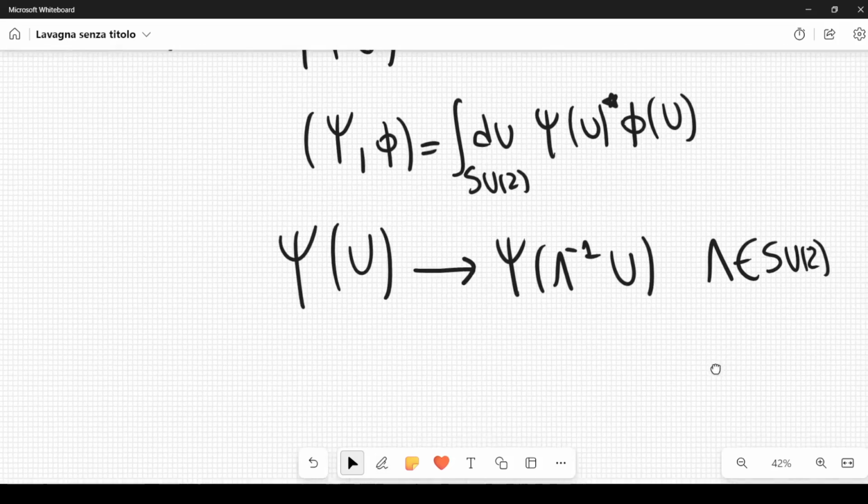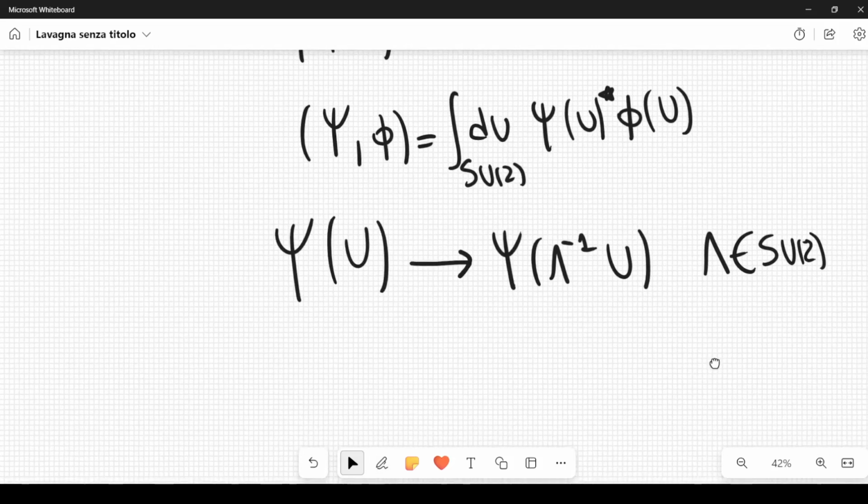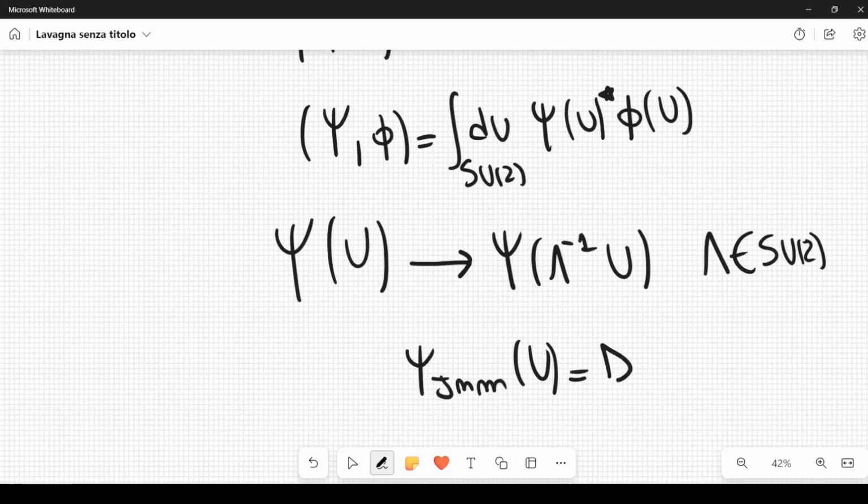The basis of functions which are orthogonal with respect to the scalar product is given by the Wigner matrices. In particular, we can label them as psi j m of u equal to d j m of u, where these are the Wigner matrices. This is also known as the Peter-Weyl theorem.